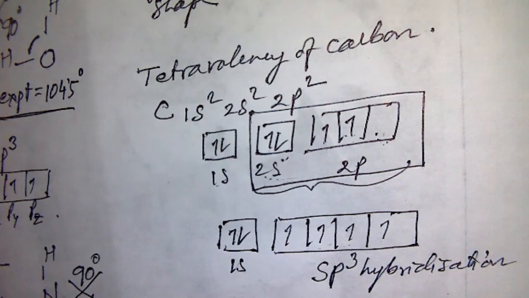If I write sp2, one of the s and two of the p's will be combining. Whatever is combining, accordingly we name it.